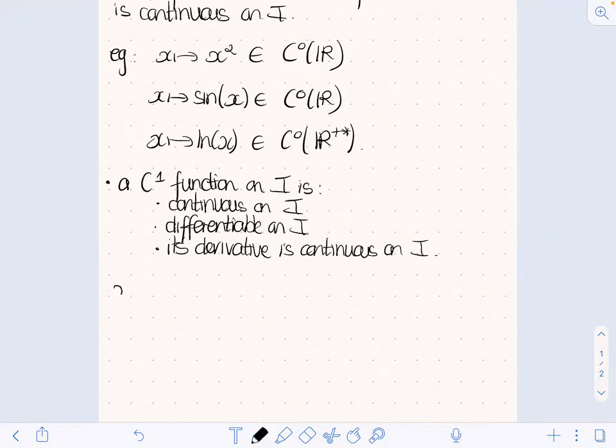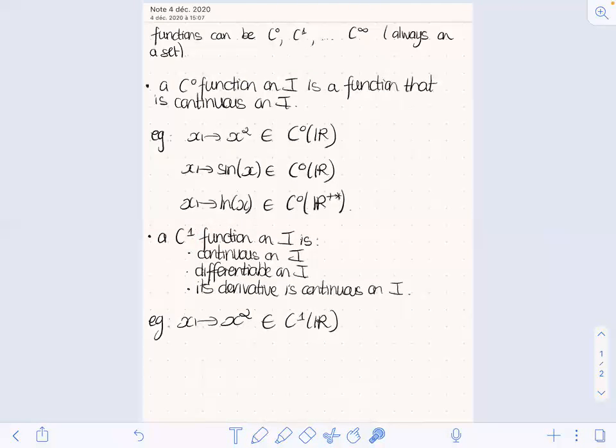For example, a simple polynomial function, x squared, is C1 on R. It's continuous on R, differentiable on R because its derivative is 2x, and its derivative is continuous because 2x is continuous on R.